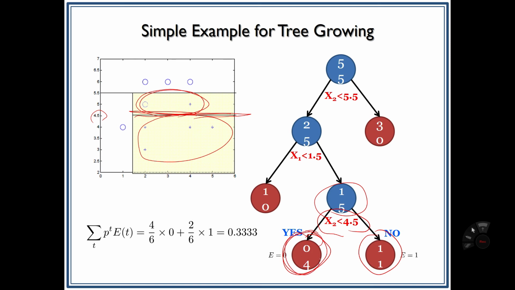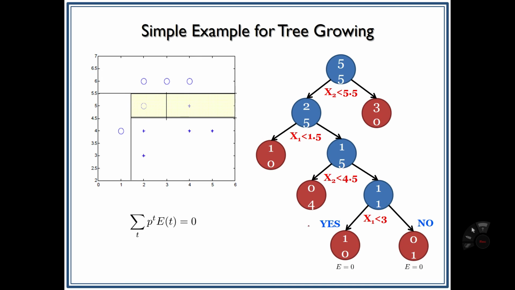This one is perfectly pure, but still this one is impure. So we can split that into two parts, just like this. By this split, we're going to get this one. That is called a fully grown tree.